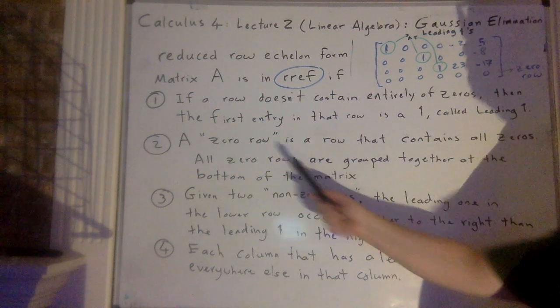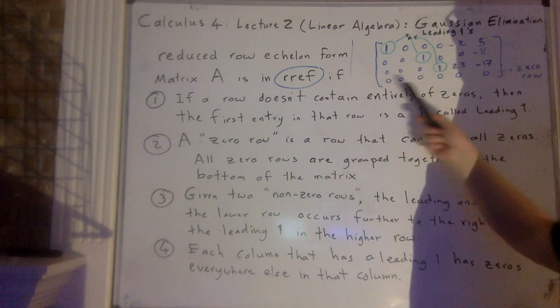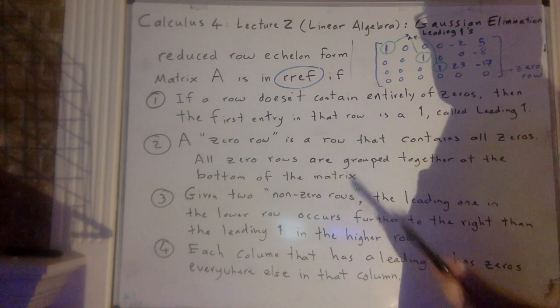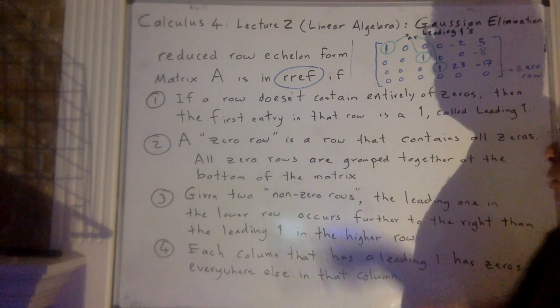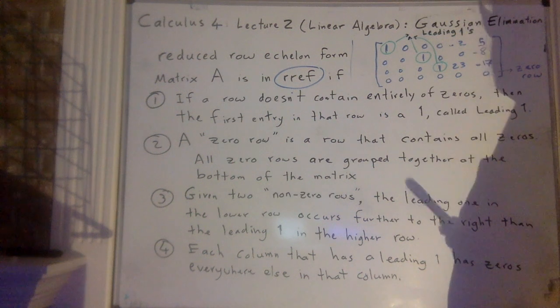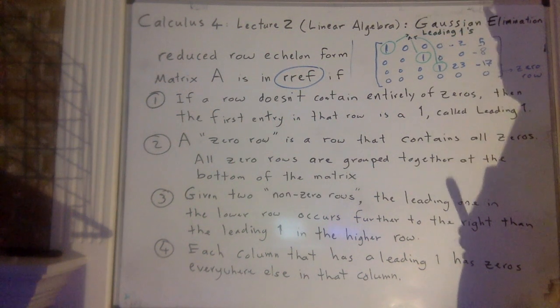Second, this one we call a 0 row. So this is a 0 row, and definitely this is a non-zero row. The second property is that the 0 rows come at the end, like this. They are grouped at the bottom of the matrix.